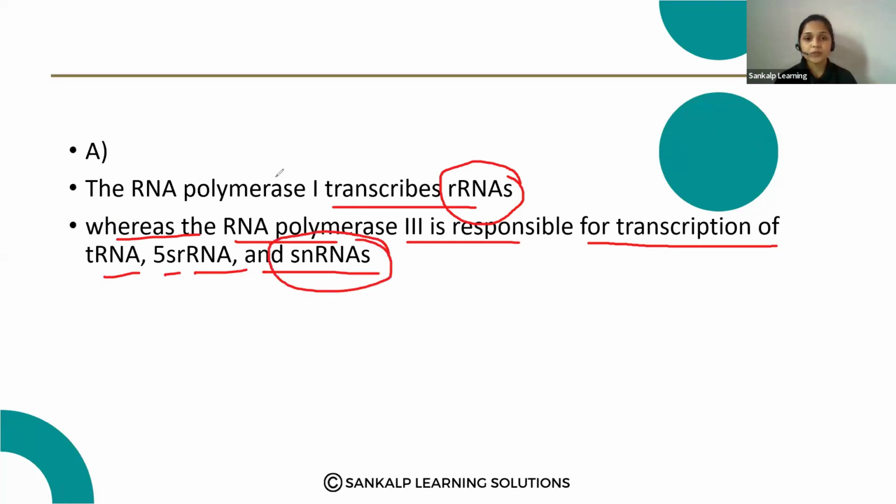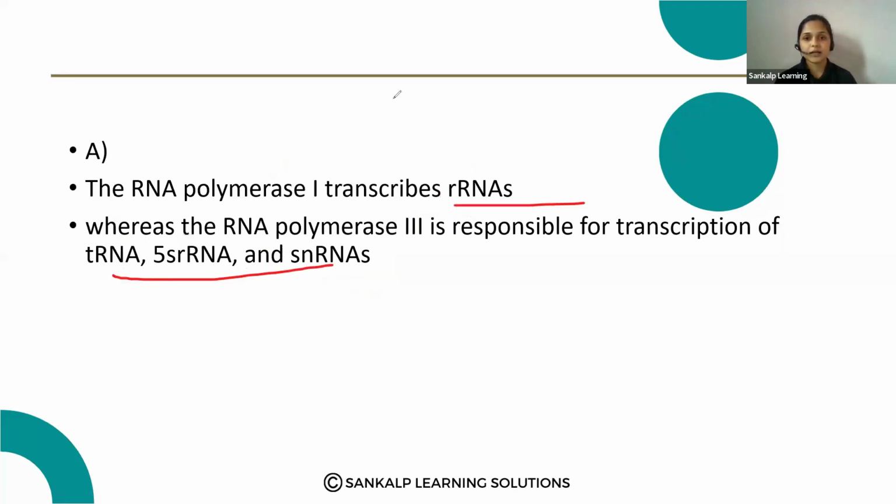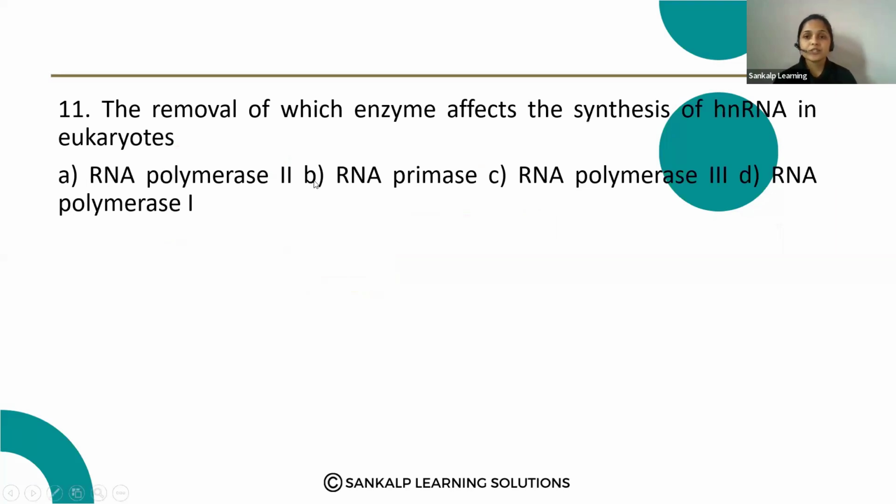So RNA polymerase 1 is not the correct answer, and RNA polymerase 3 is also not correct because they transcribe these RNAs. But here, what is the question? Which affects the synthesis of hnRNA, that is RNA polymerase 2. The correct answer is RNA polymerase 2.